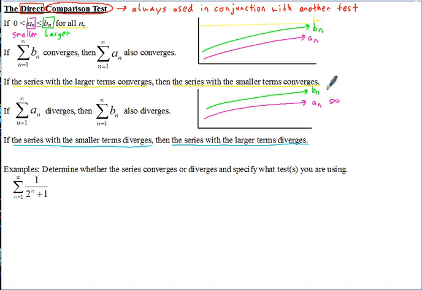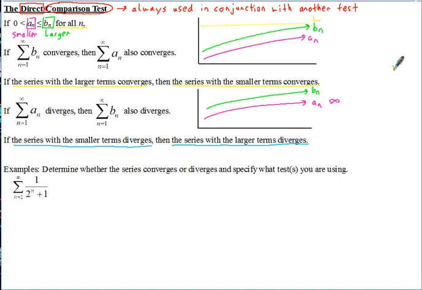So there's no way it could approach some specific limit that's finite, because then a sub n would actually have to cut through it and be greater than, which we know is not going to happen because b sub n always stays greater. So since a sub n goes to infinity, diverges, b sub n would also have to approach infinity. So that's what that's saying.